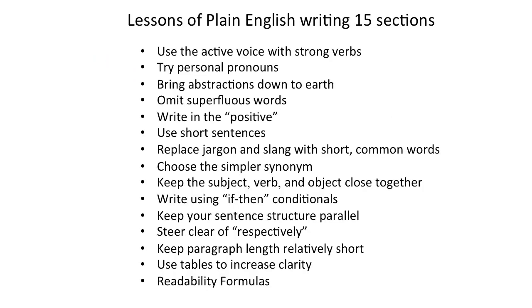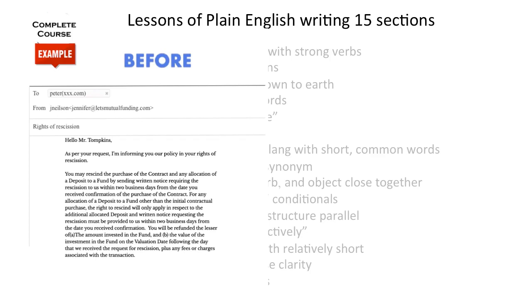In this course, we have 15 lessons to introduce 14 Plain English principles, plus the final section about readability formulas. Although the principles that follow may sound magically simple, if you use them, your writing will improve dramatically. After you complete the course, you will be able to improve your email writing like this example. The before example is complicated and hard to read.